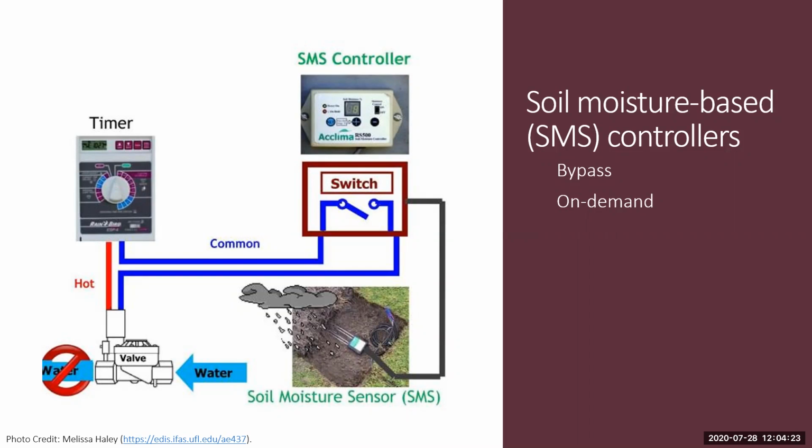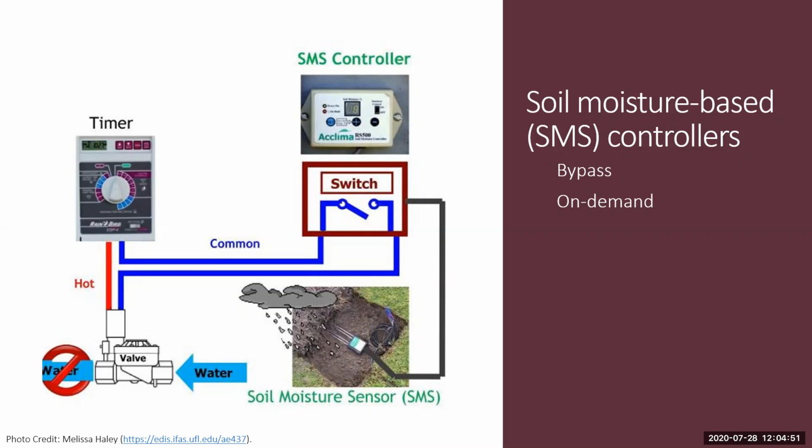The other type of SMS controller is on demand. And this is often used at commercial sites or sites with numerous irrigation zones. This type of controller both starts and stops watering, whereas the bypass style only allows watering. And you can see here in this picture, we have the timer that's connected to the valve. It's also connected to the soil moisture controller.